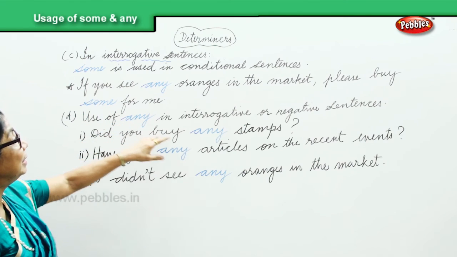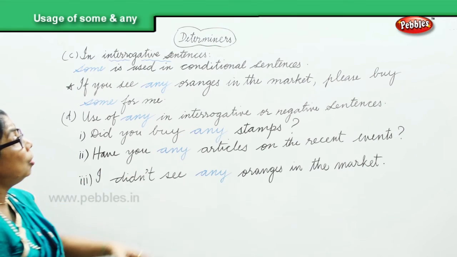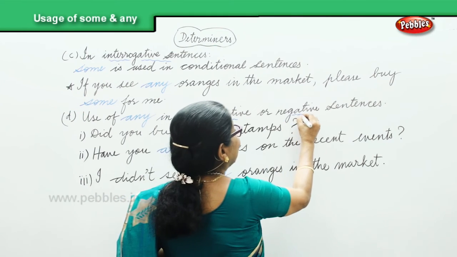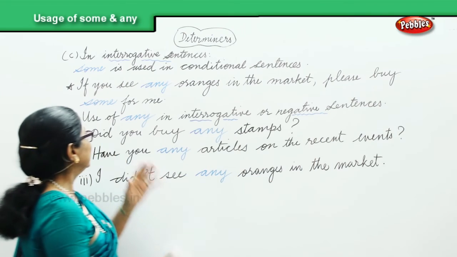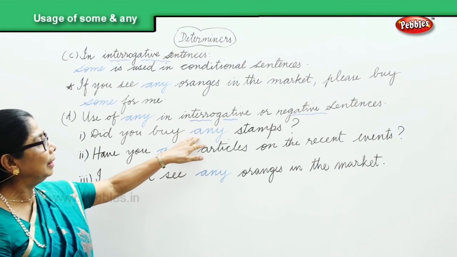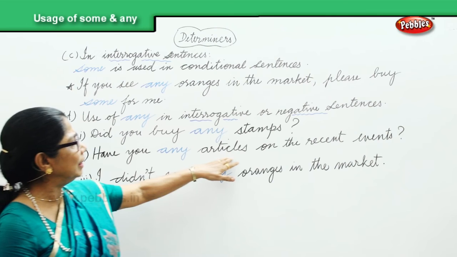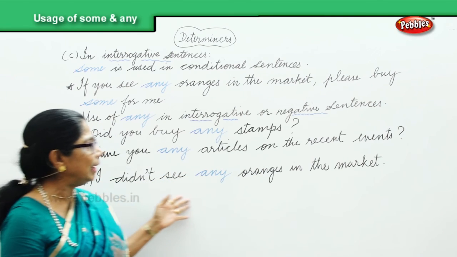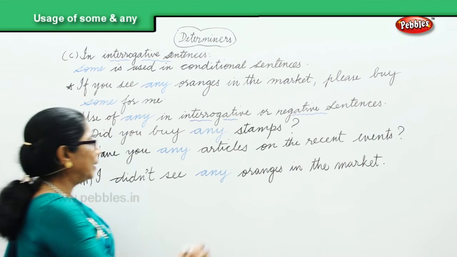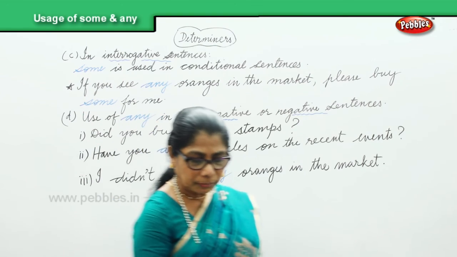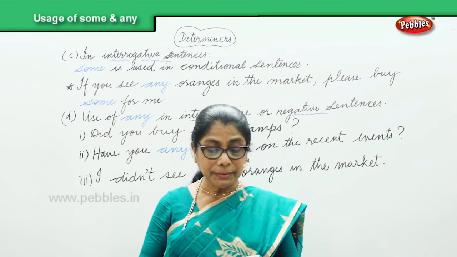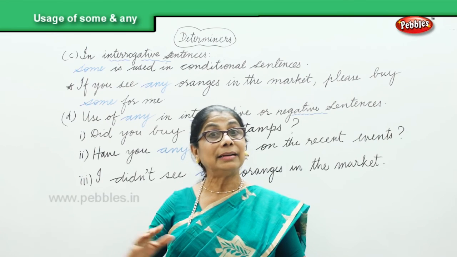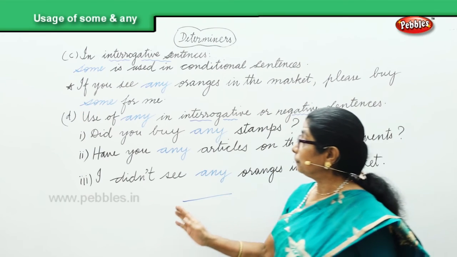Use of any in interrogative or negative sentences. Did you buy any stamps? Have you any articles on the recent events? I didn't see any oranges in the market. Okay? Now, we have done some and any in various sentences. The use of some and any.